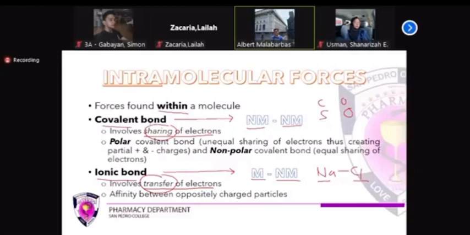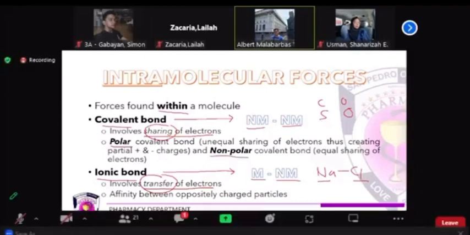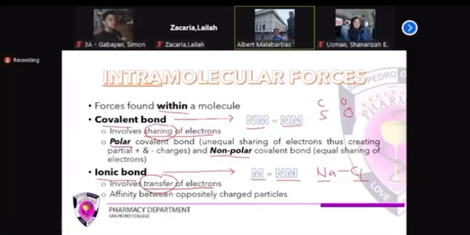Now, furthermore, sa covalent bond natin, meron tayong dalawang types or subtypes. We have polar covalent bond and non-polar covalent bond. Pag sinasabi nating polar, it involves the unequal sharing of electrons. Non-polar, equal sharing of electrons.